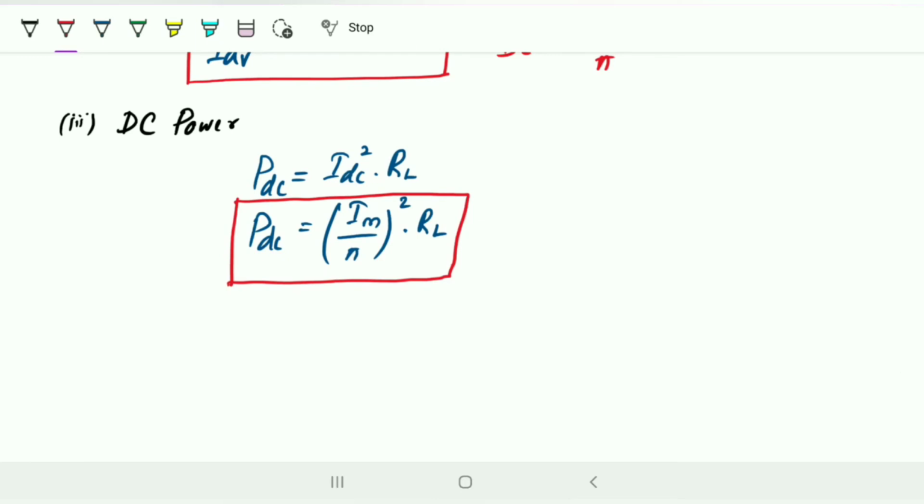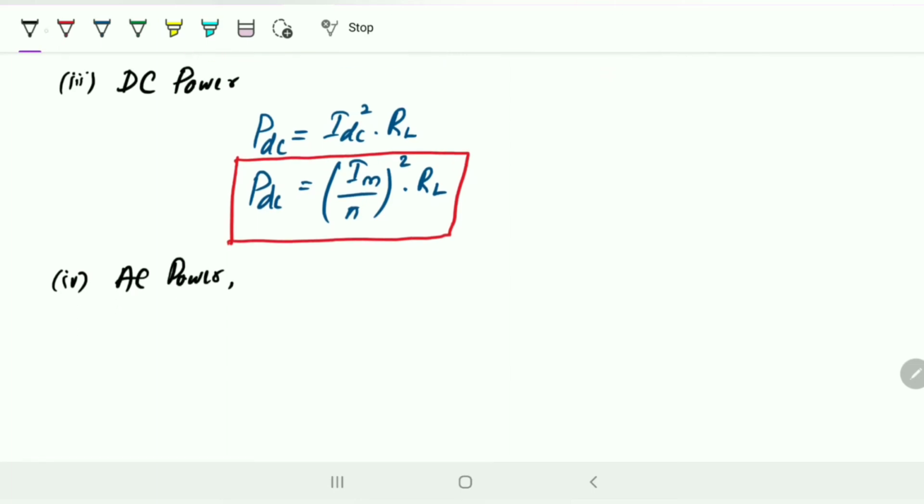Now for the input power, the AC power. The input power, which is PAC, is nothing but IRMS square into RF plus RL.